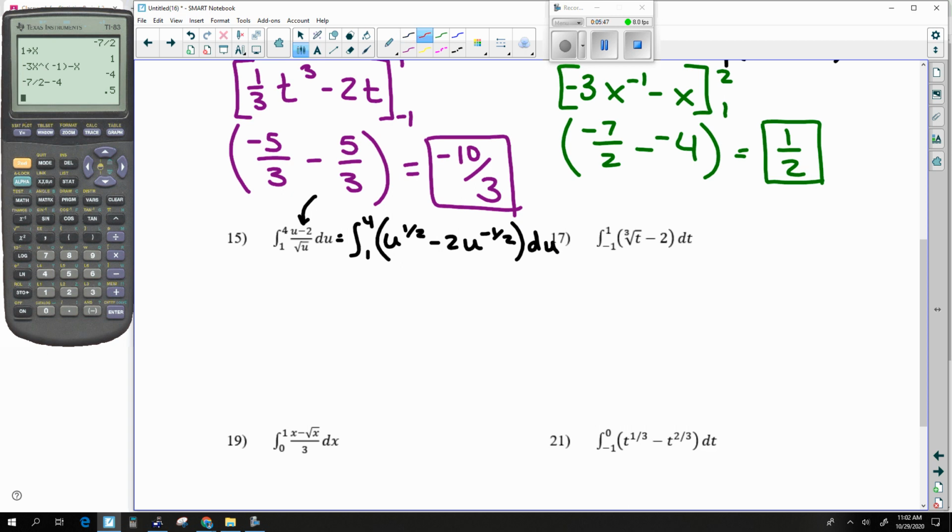All right, so integrating, this is u to the 3/2 times 2/3. Then for u to the -1/2, this would be a multiply by 2, so the reciprocal of that would be -4. And this is being evaluated from 1 to 4.